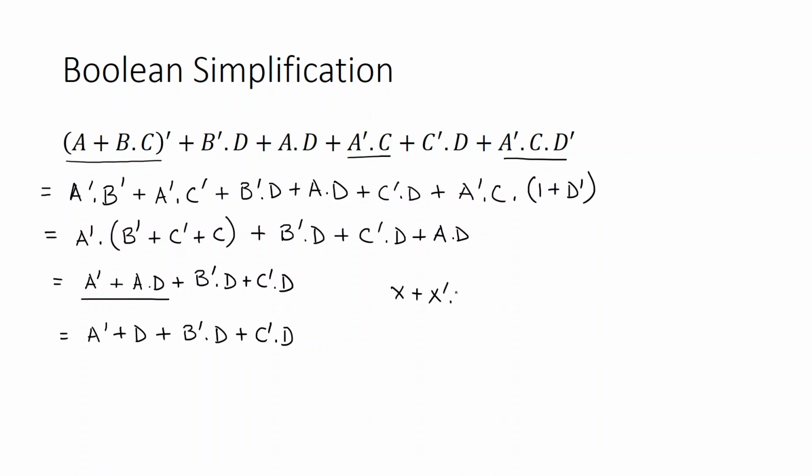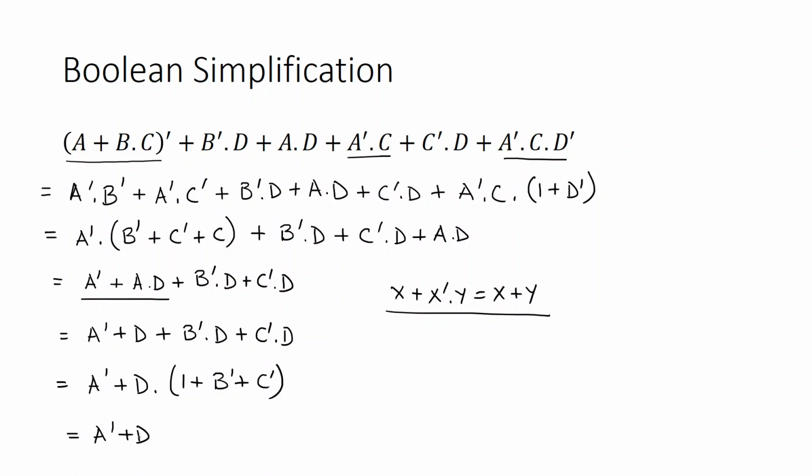Because x plus x'y is x plus y. That is why. So this we already proved using the duality statement. Then you can take D common, and when you take D common, you get 1 plus B' plus C', and that gives you A' plus D. So you see this long expression can be shortened to get this final expression.